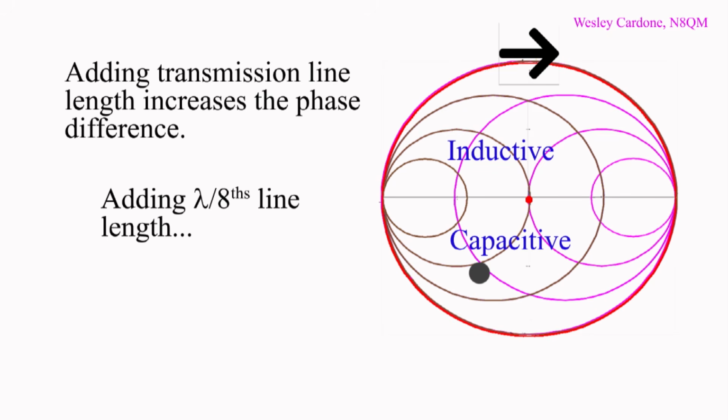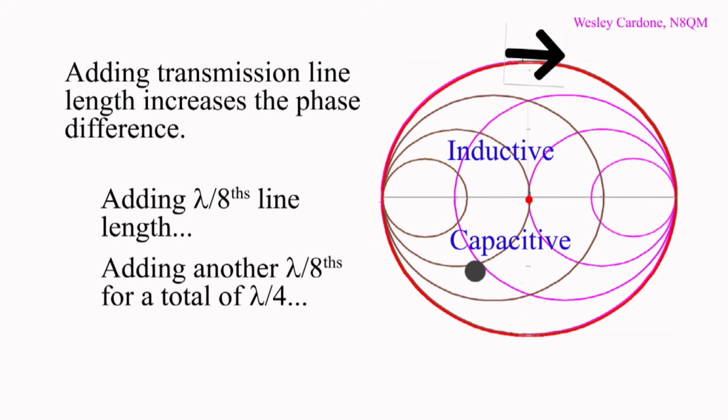But here's the important thing to recognize about what is going on. As you add coax length, the vector impedance point changes, but in changing, its distance from home plate remains constant.